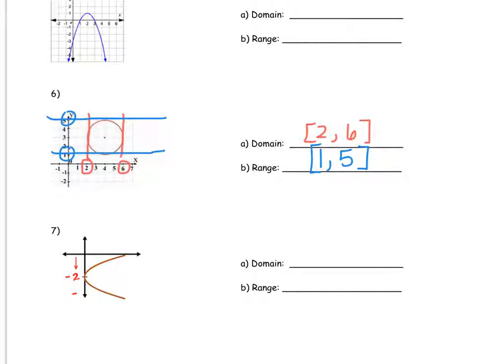Okay, now let's look at number 7. I think this is the good order to go in. Domain is how wide it is. Now, do you notice how this graph here doesn't go past the 0 on the x? So it really starts from here and kind of goes on forever this way.